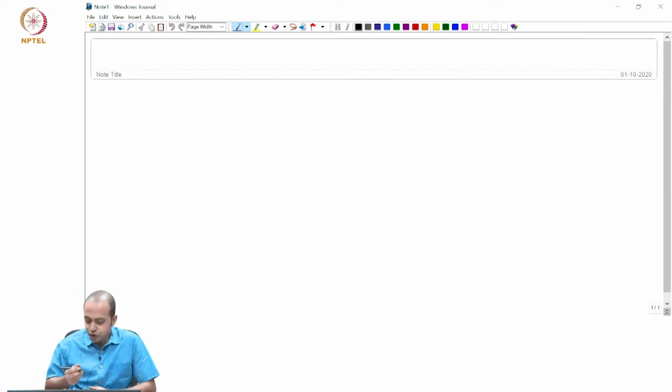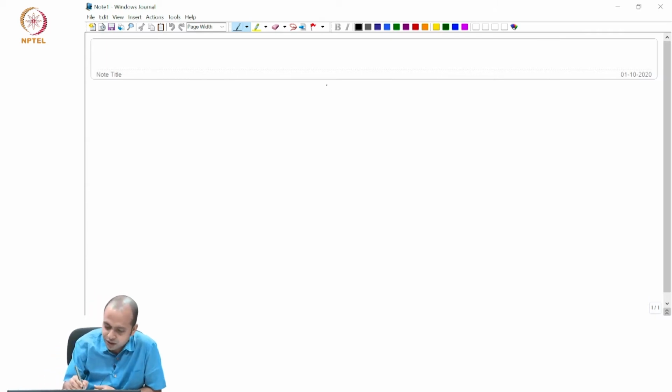So, we will quickly recap the structural break using the Chow test, and then we will come back to the dummy variable model and see how to estimate the same thing using a dummy. So, this is structural break analysis once again.